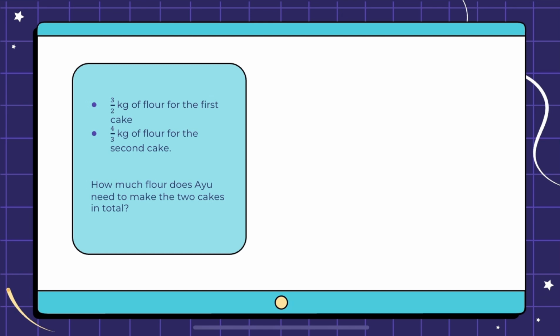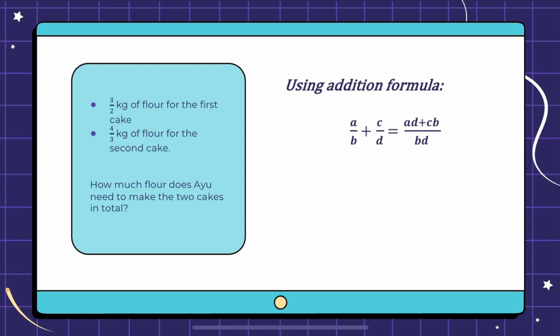For this problem, we can use the addition formula. a over b plus c over d equals a times d plus c times b over b times d. a over b is for the first cake and c over d is for the second cake.